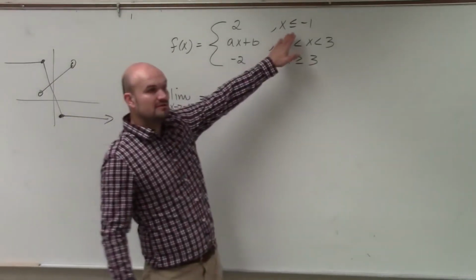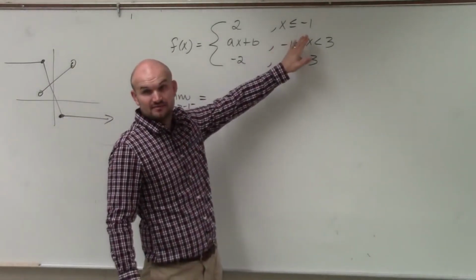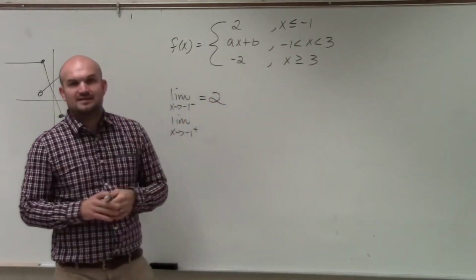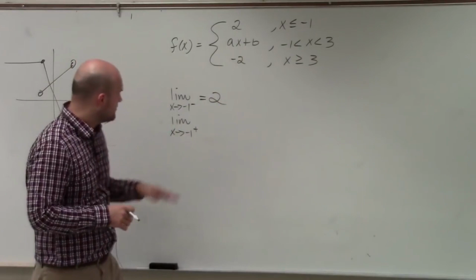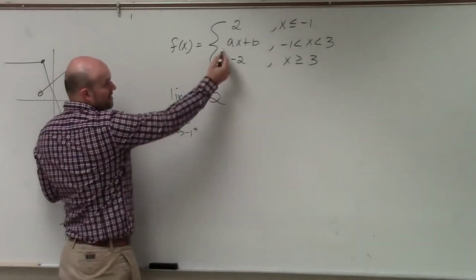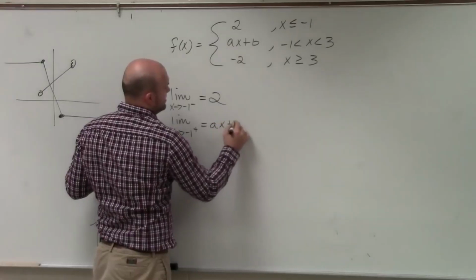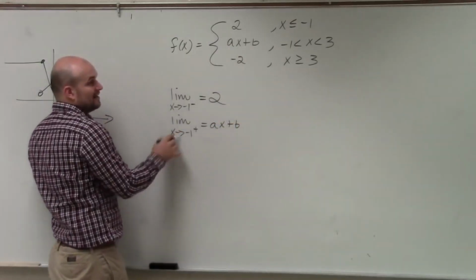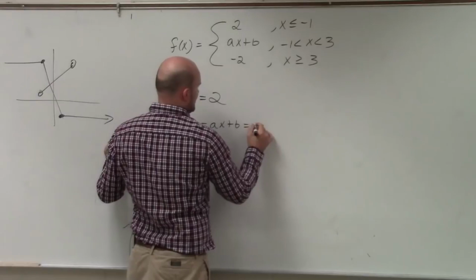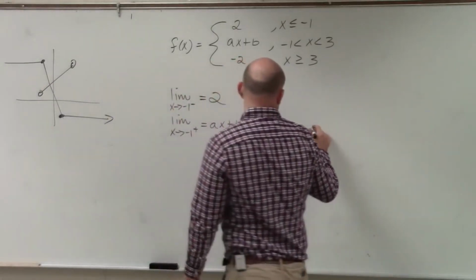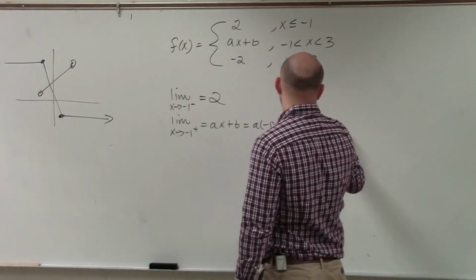From the left is going to be the values that are less than negative 1, which is just 2. The limit of any constant is obviously just going to be 2 there. And then from the right, we have ax plus b. If we evaluate at negative 1, that's a times negative 1 plus b, which equals negative a plus b.